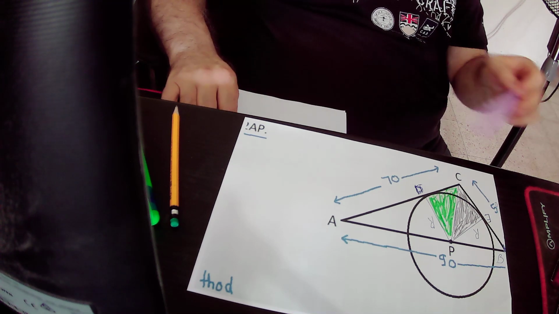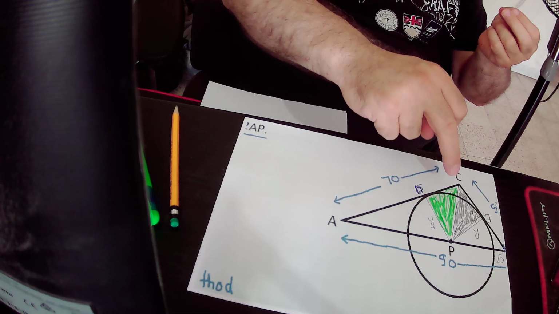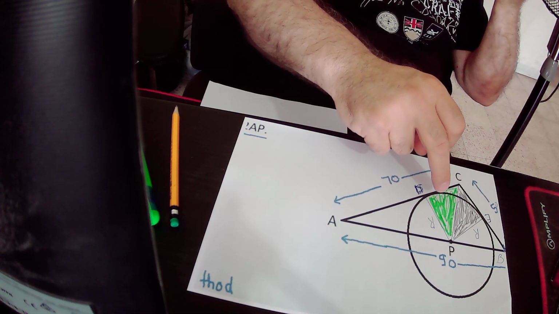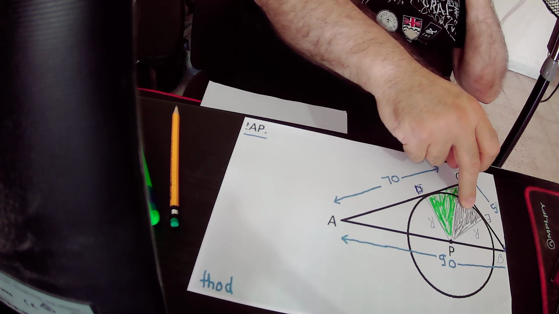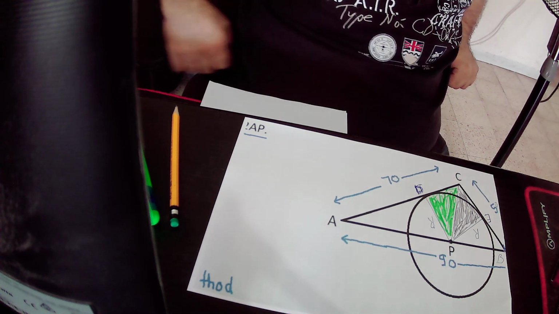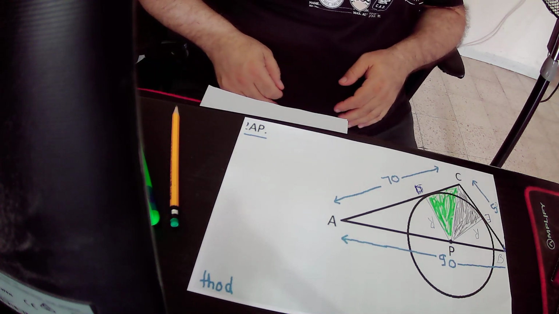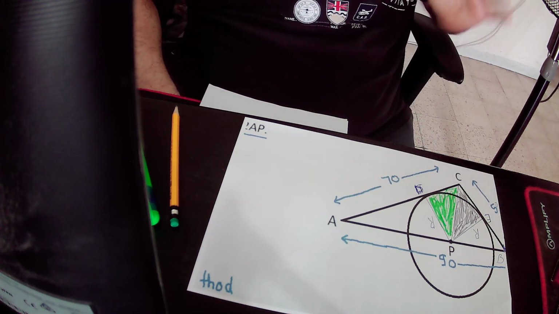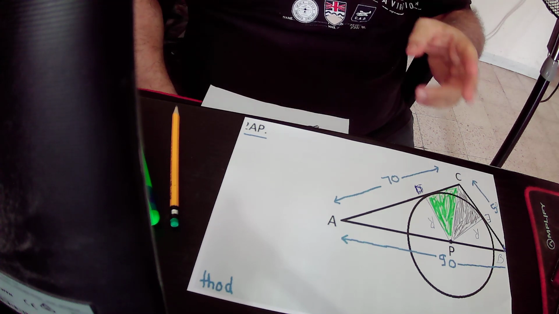Therefore, because we have three sides of the green triangle that equal three sides of the black triangle, we can deduce that those two triangles are congruent to each other, or those two triangles overlap each other.